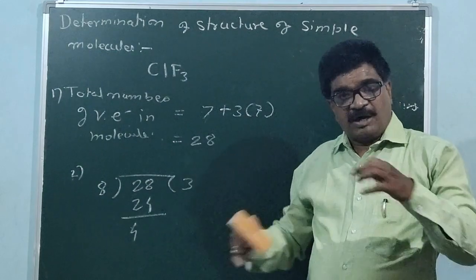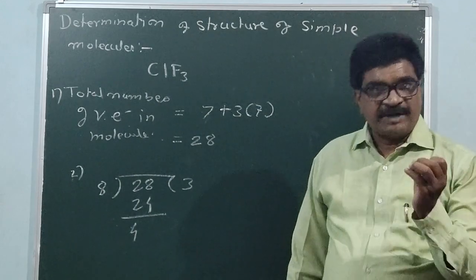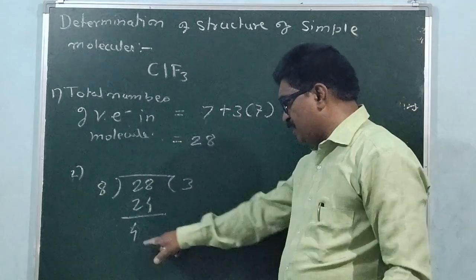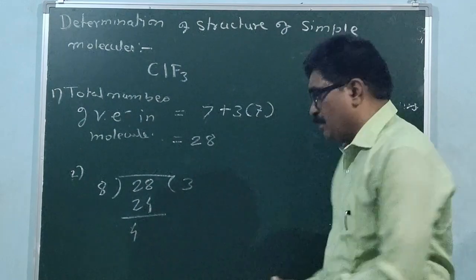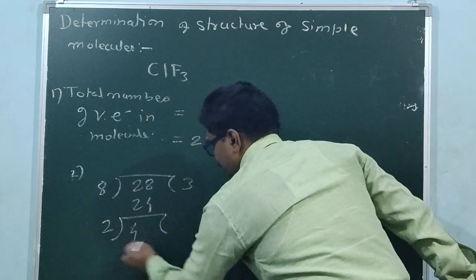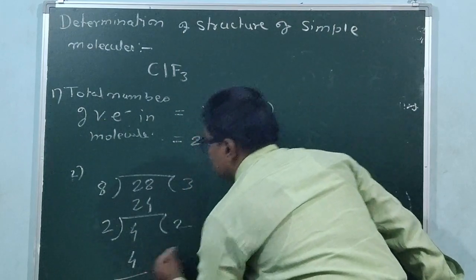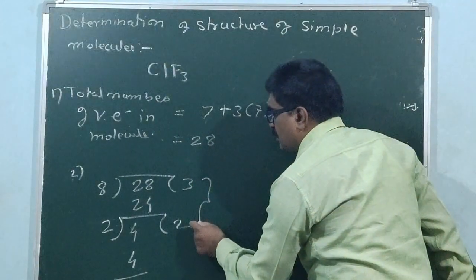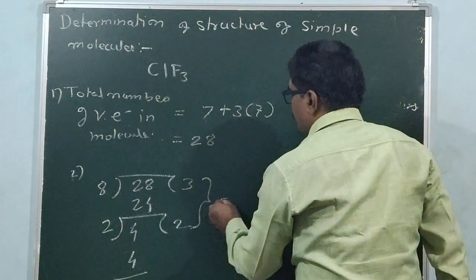You have to continue the division till you get either a 0 remainder or a 1 remainder. Mind it well. In this case, the 4 is greater than 2, so for the second division we have to divide it by 2. 2 twos are 4. Now you have to add the first quotient and the second quotient, which is equal to 5.